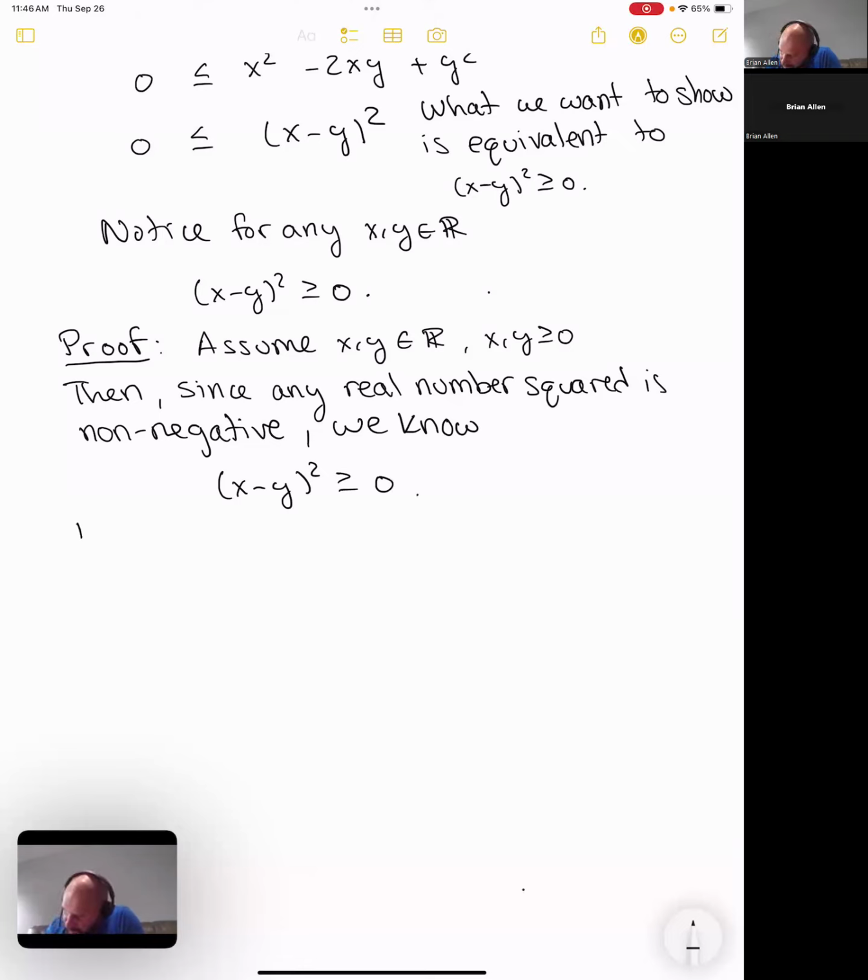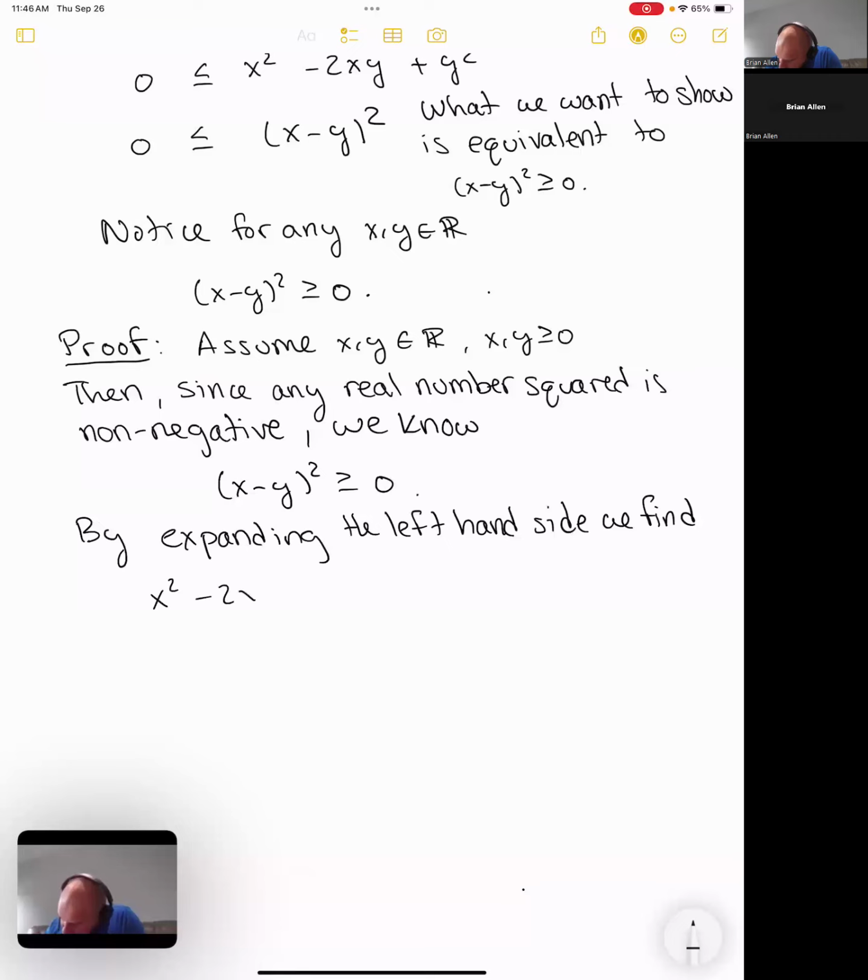Okay, by expanding the left-hand side, we find, okay, so now when I expand the left-hand side, I get x squared minus 2xy plus y squared is bigger than or equal to 0.